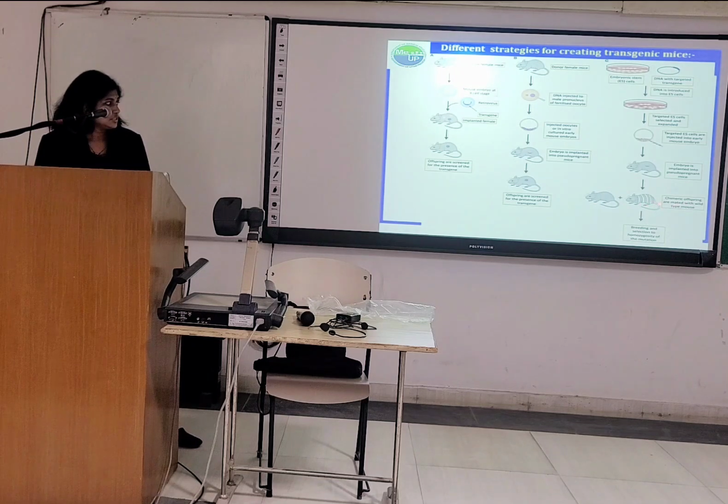Then this is again mated with wild type mice to check the germline transmission of transgene. And after this cross, a certain percentage of heterozygous progeny is produced carrying the transgene.